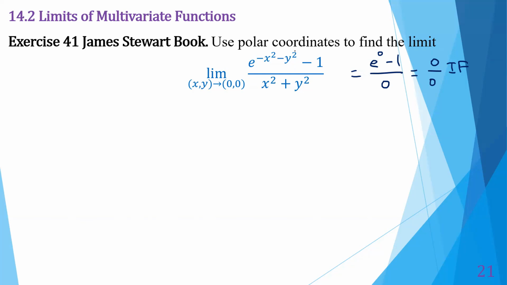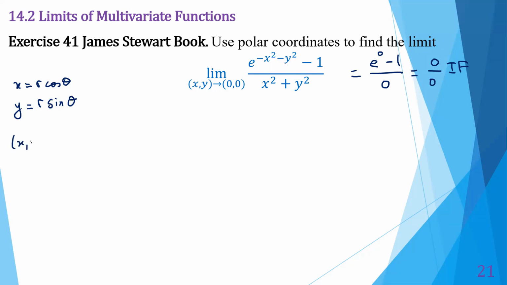So he proposed, as a hint, to use polar coordinates. Again, we can say that x is r cosine theta, y is r sine theta.